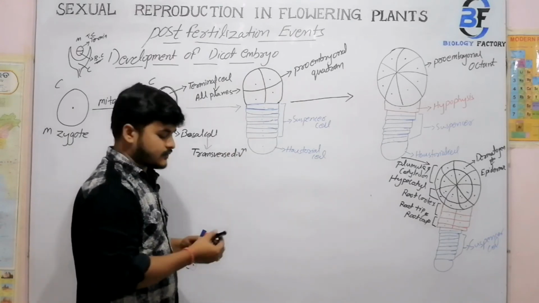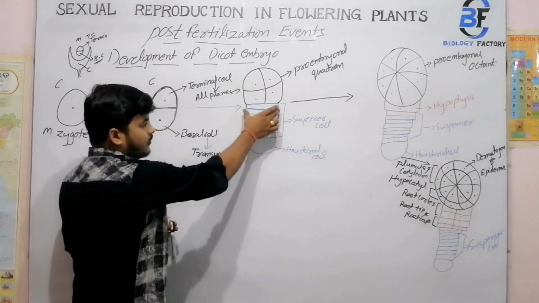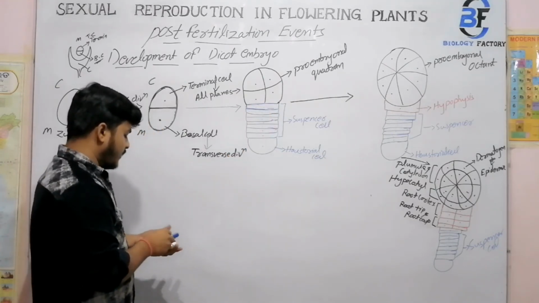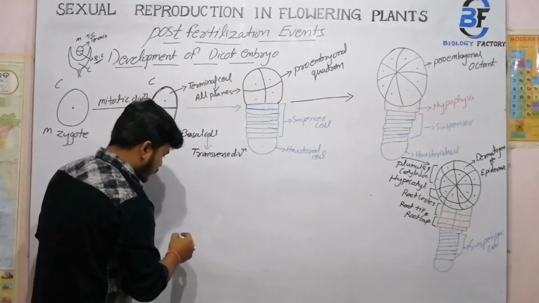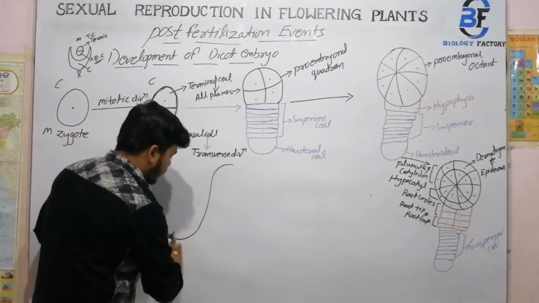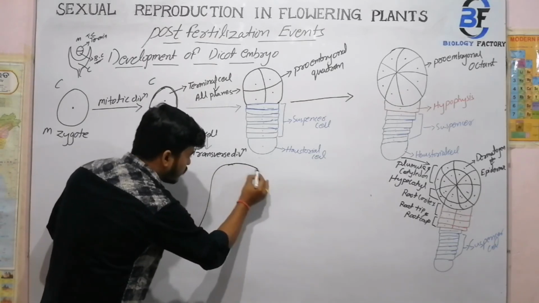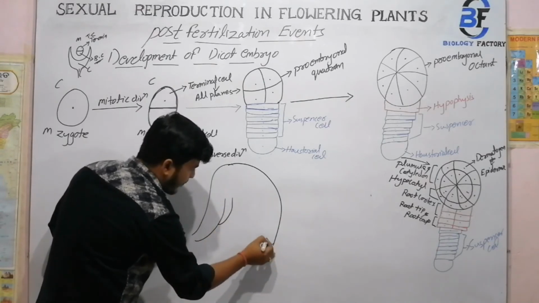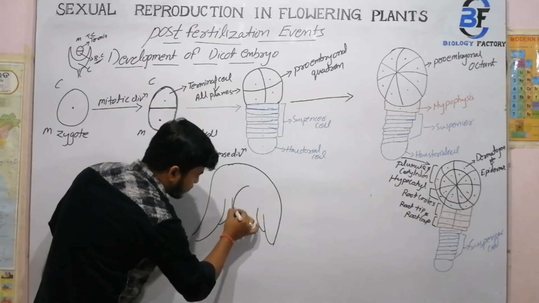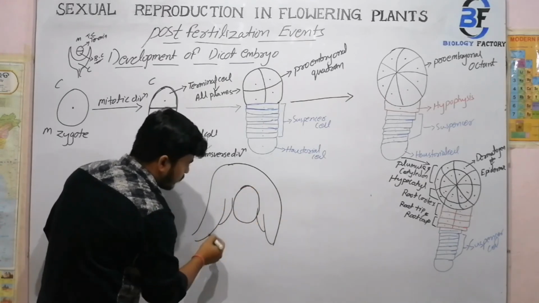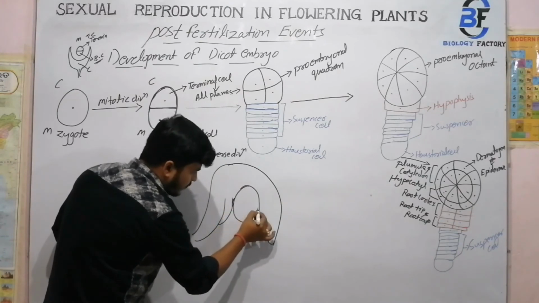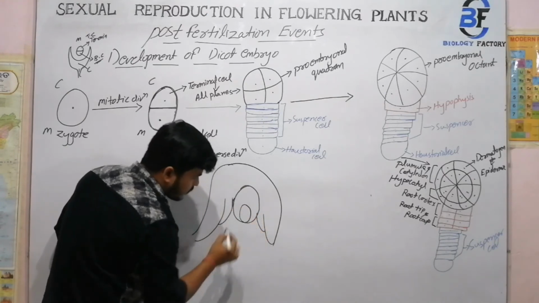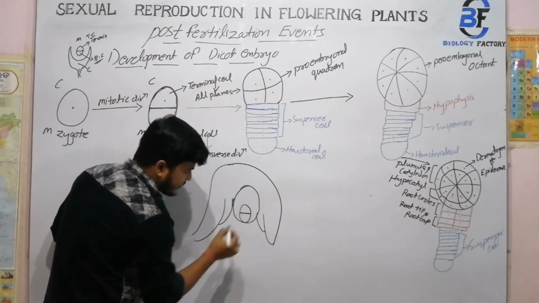Next, the work of your suspensor cell. If we look at these cells, it looks like a stalk or coil-like structure. If we draw the most common type of ovule, which we already covered in some previous classes, it somehow looks like that, and here is your embryo sac, and here the formation of your zygote takes place, and next the zygote divides.